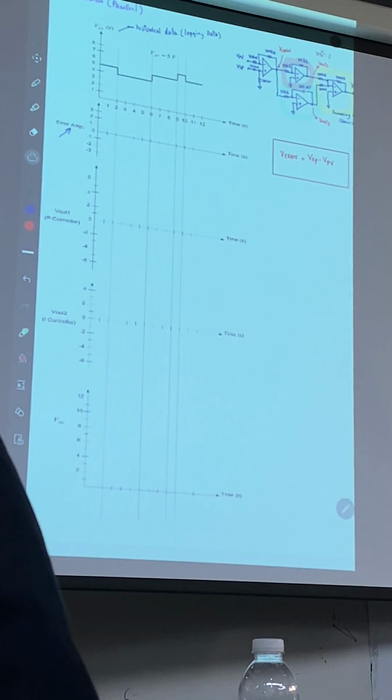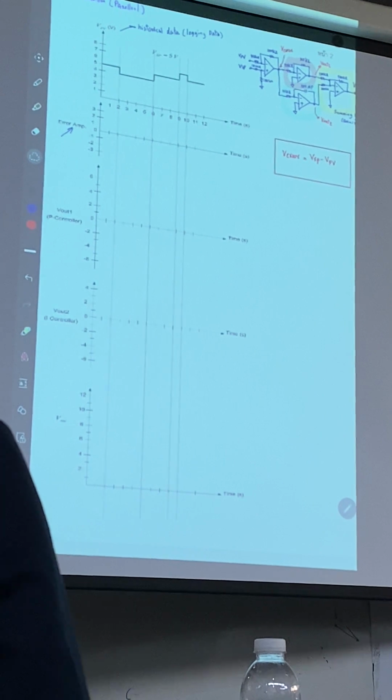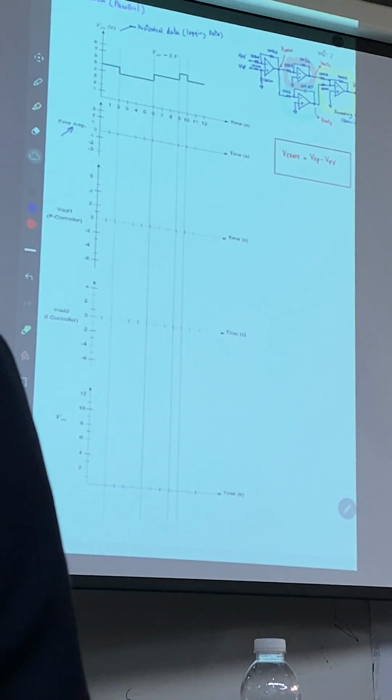Now I try to make the connections between time and each graph.